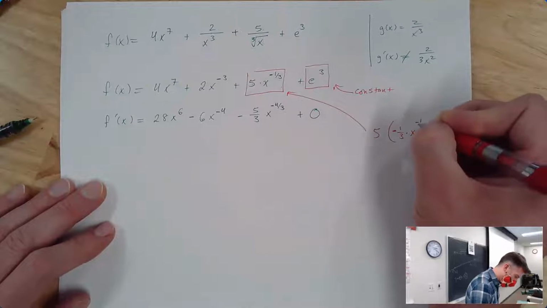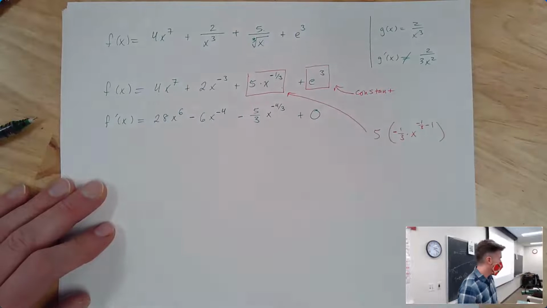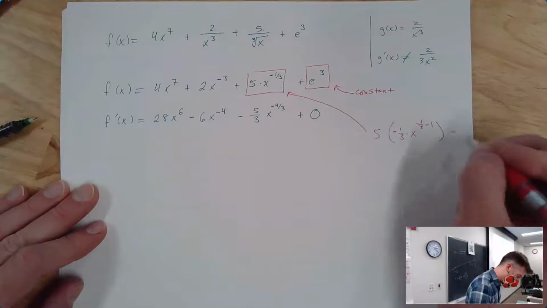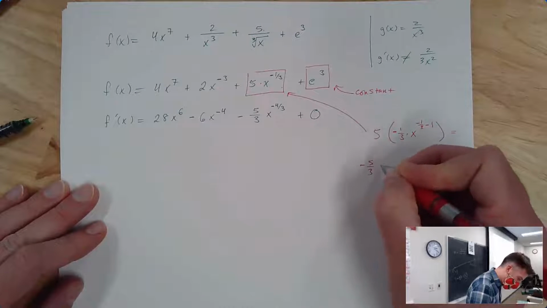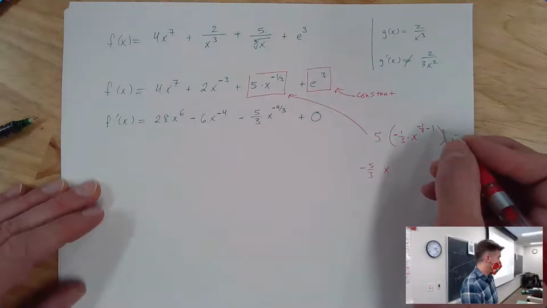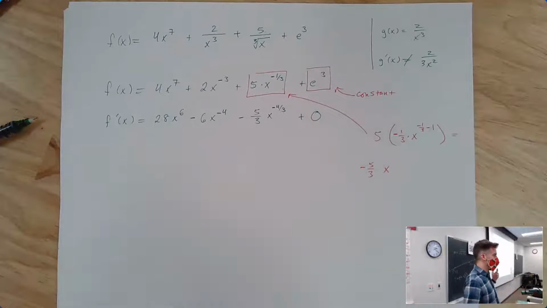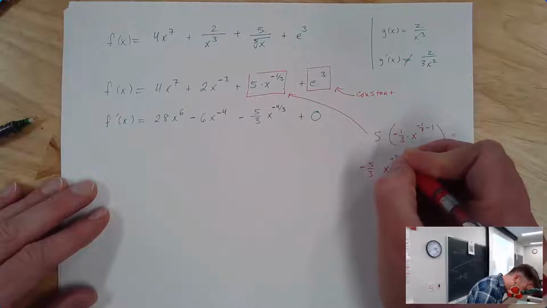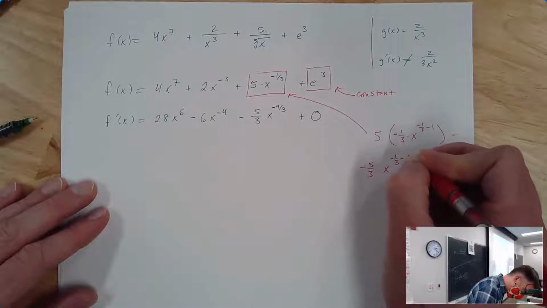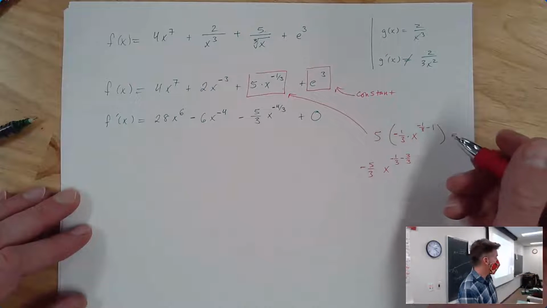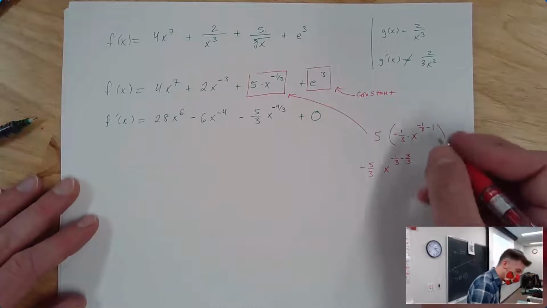So I'm going to do negative 1/3 minus 1 as the power. 5 times negative 1/3 is negative 5/3. And then for the power part here, negative 1/3 minus 1, I need the common denominator. And a lot of times we're not going to show that work because we do it so frequently. But what we're going to see is it's going to be negative 1/3 minus 3/3. And negative 1 minus 3 is negative 4. So negative 1/3 minus 3/3 is negative 4/3.